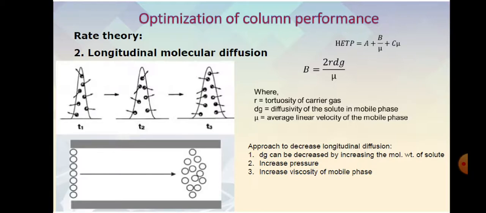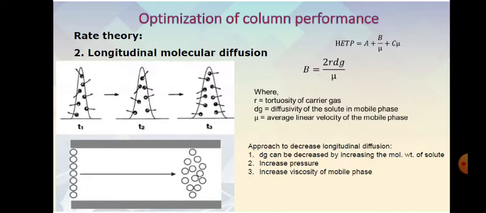Whatever mobile phase we have, in case of GC it is the carrier gas, so the diffusivity of solute in the carrier gas is dg. They are directly proportional to the longitudinal diffusion. So to keep the longitudinal diffusion low, r should be low and dg should be low. And what is mu? Mu is the average linear velocity of the mobile phase, so that is inversely proportional.